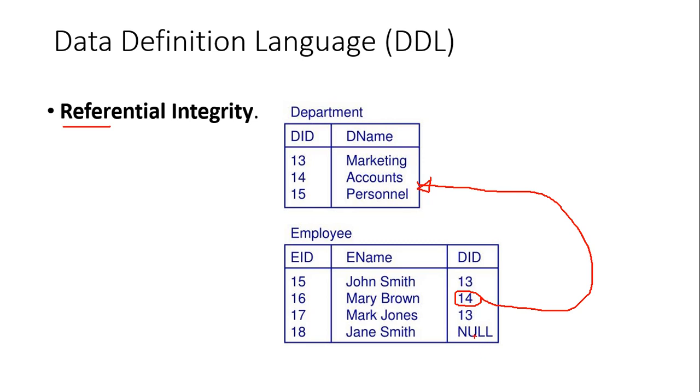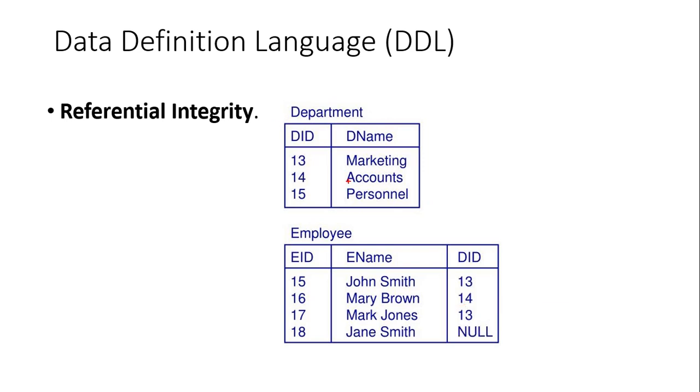In this case, null means nothing. So Jane here is working in a null department. Null means nothing, so she is working in nothing. Is it a valid thing? It's not valid. So this type of problem is called an integrity problem.